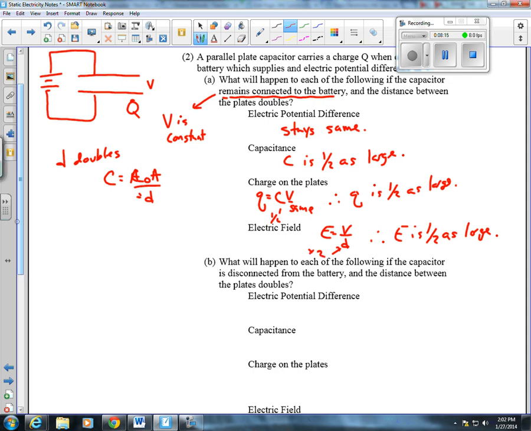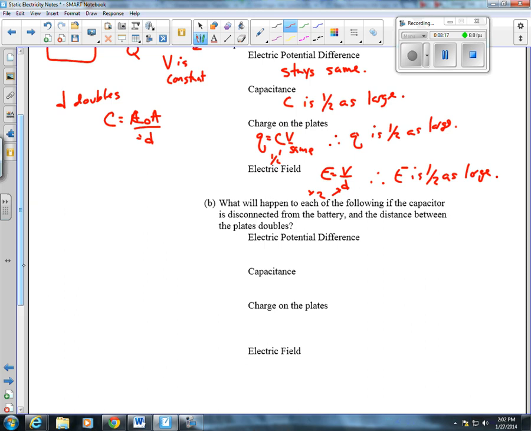Now, they can ask the question differently. They can say, what happens if it's disconnected from the battery? If it's disconnected from the battery, that's going to tell me that V can change, but Q stays the same, because if it's disconnected, there's no place for the charge to go.